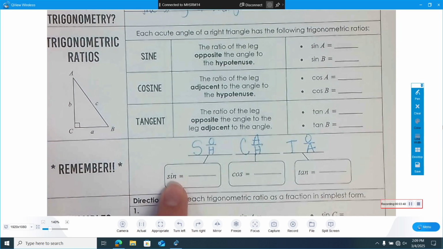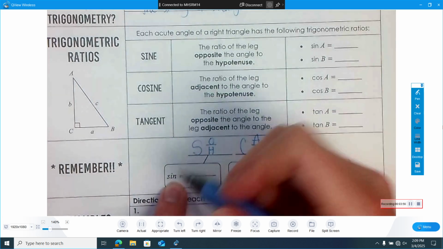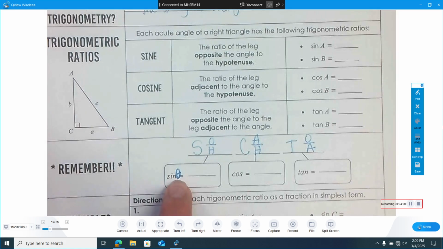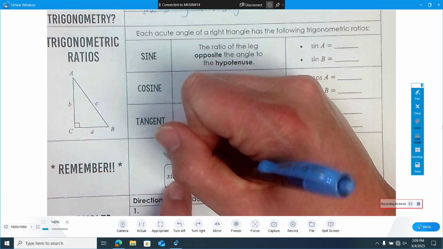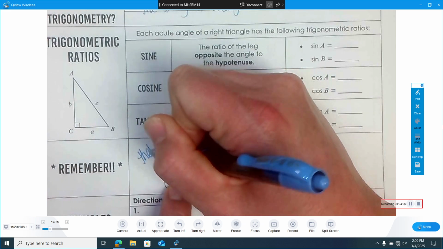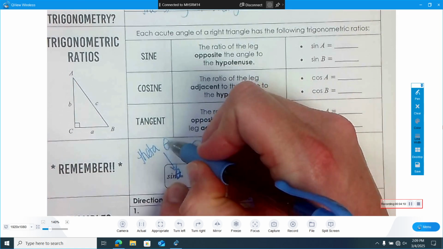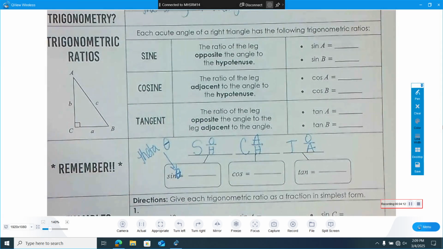The other thing that's really important is we cannot figure out the opposite and adjacent unless we know the angle that we are looking from. So I want you to input here, this letter is theta, T-H-E-T-A. This is the Greek letter theta, and it's just a circle with a horizontal line through it.